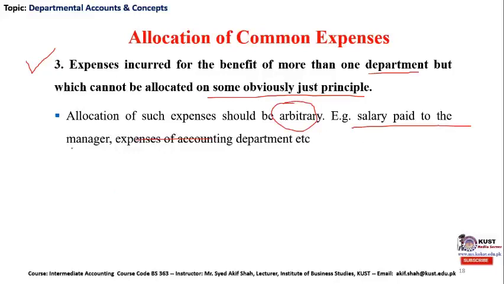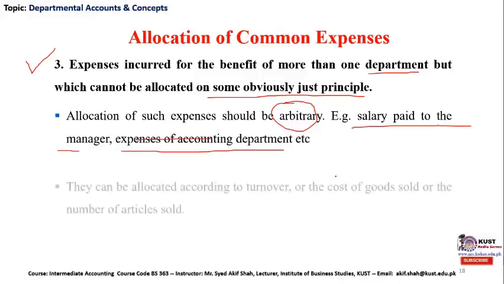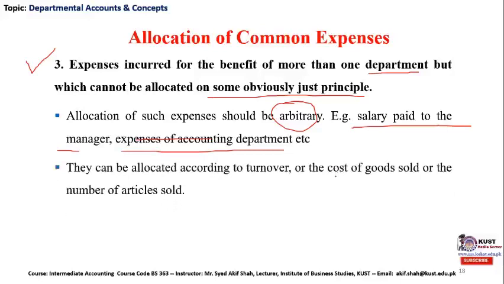Salaries paid to the manager and expenses of the accountant department, for instance, can be allocated arbitrarily by the accountants where he or she thinks it's appropriate. They can be allocated according to turnover, cost of goods sold ratio, or the number of articles sold by that specific department.